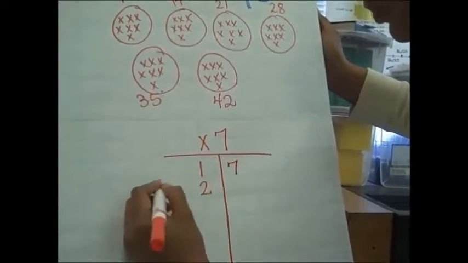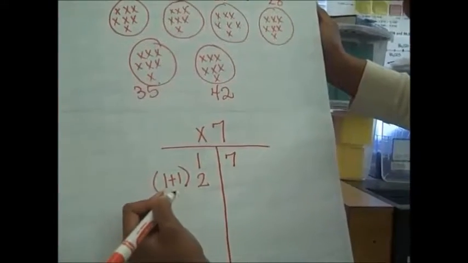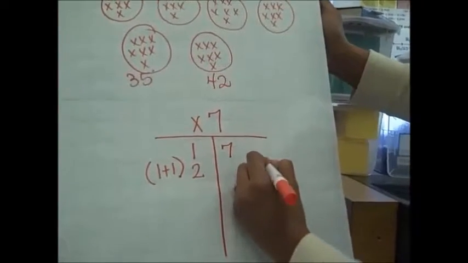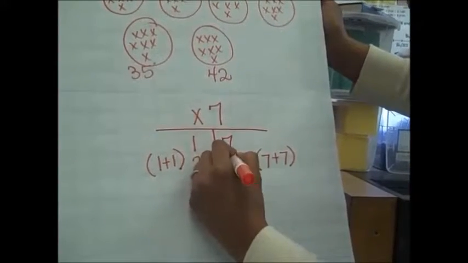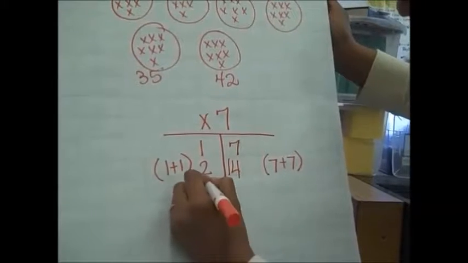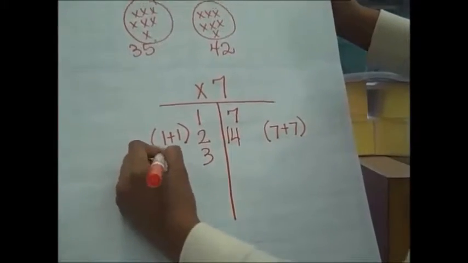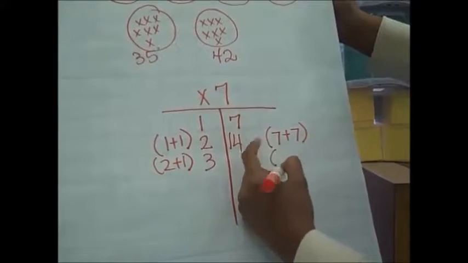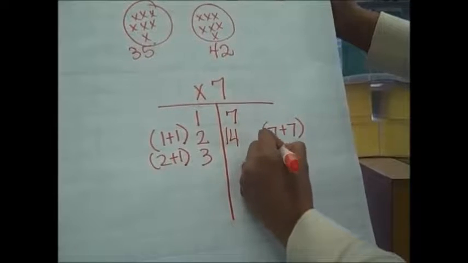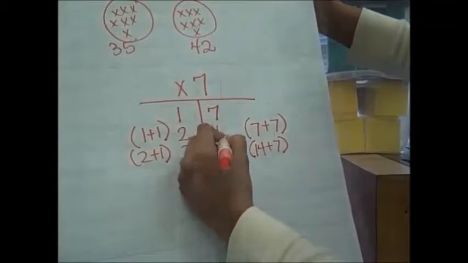To have two groups, I add one group plus one group on the left. So on the right, I'm adding 7 plus 7, and in two groups, I get 14. Three groups, I'm going to combine two groups plus one group. So on the right, I'm going to combine 14 plus 7. That gives me a sum of 21.